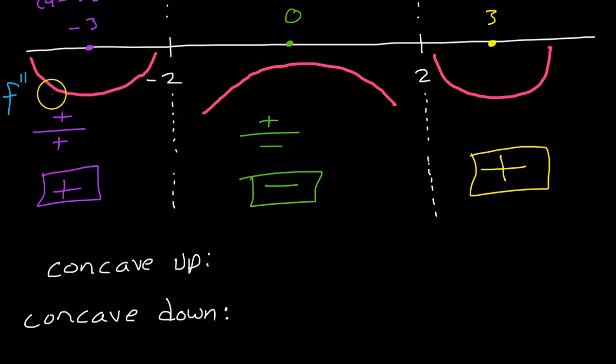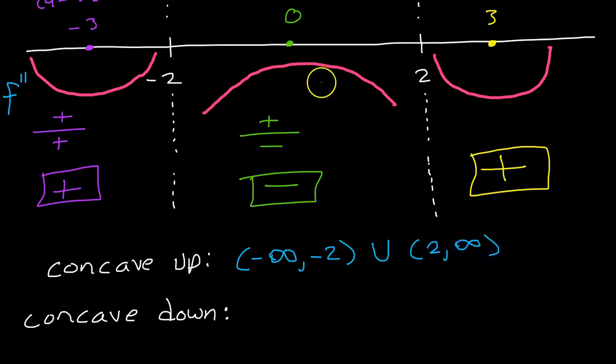Okay, so concave up from negative infinity to negative 2. All right, negative infinity to negative 2. And also concave up, so union 2 to positive infinity. And there's one interval that is concave down, and that is from negative 2 to positive 2.